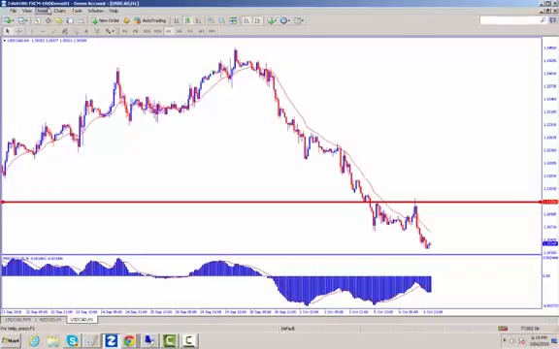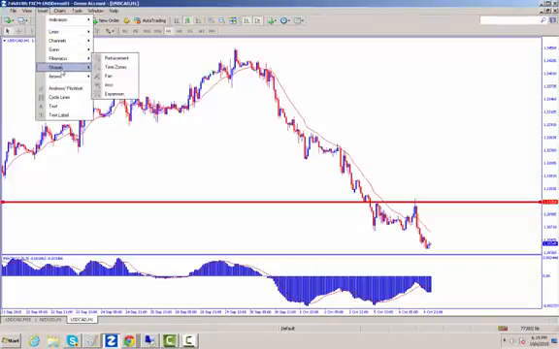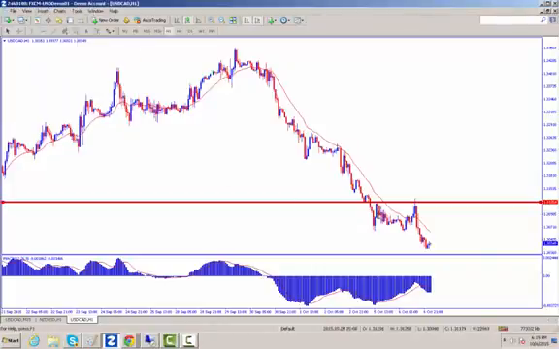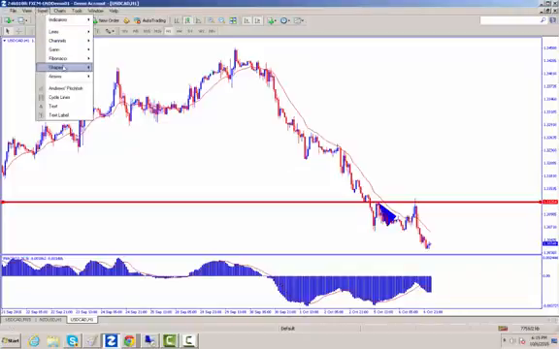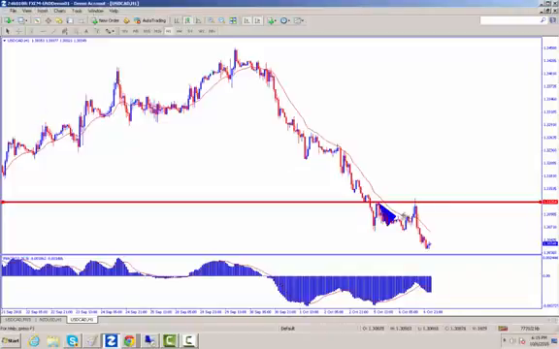So if we were to insert the Fibonacci, the shapes, the little triangle, what would we have? We would have this, this, this, and then shapes this, this, this. We form that little XABCD, what's also called the shark pattern, all right?